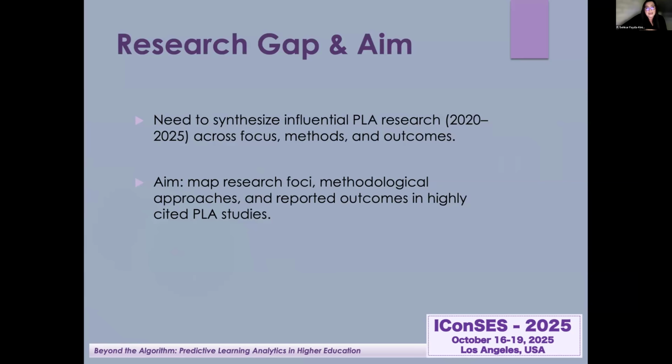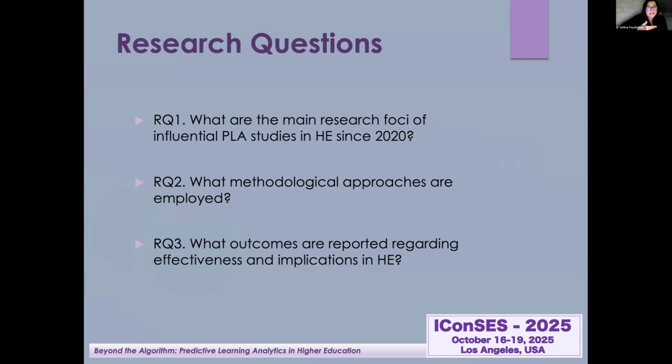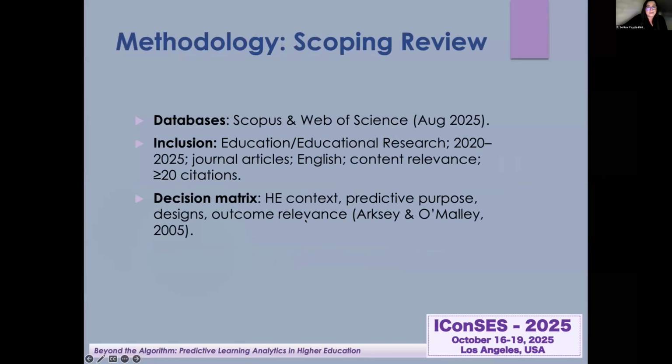So what is the aim of this research here? I have analyzed and synthesized the most influential predictive learning research across their focus, methodology, and outcomes. So basically, three research questions were analyzed based on research focus, methodological approaches, and learning outcomes.